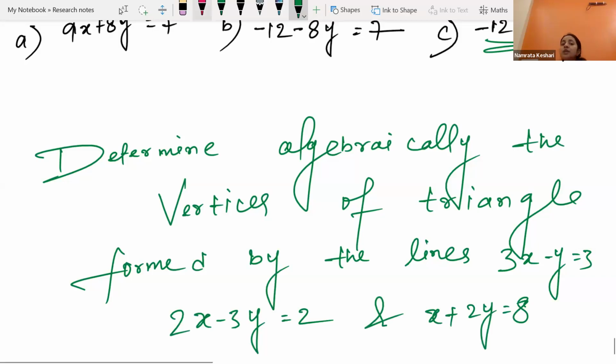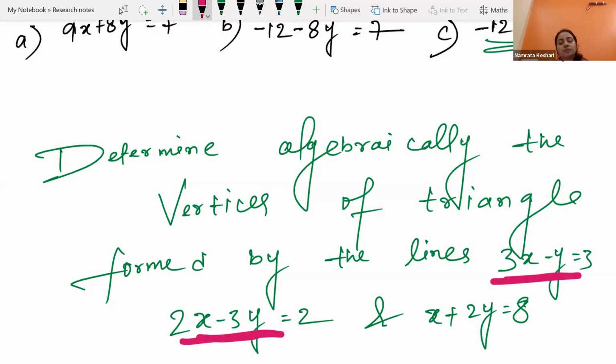This question belongs to pair of linear equations in two variables, क्योंकि हमें पहले this equation and this equation solve करके देखना होगा what is x and y value, that will be the coordinate. क्योंकि हम जो x and y का वैल्यू निकालते हैं वो बेसिकली पॉइंट ऑफ इंटरसेक्शन ही तो होता है.